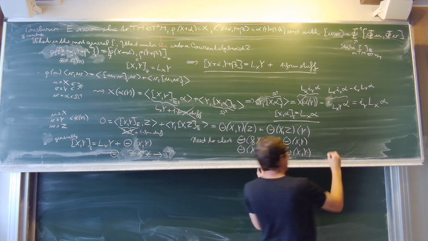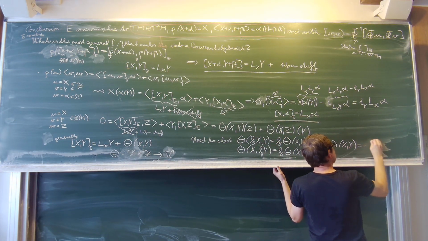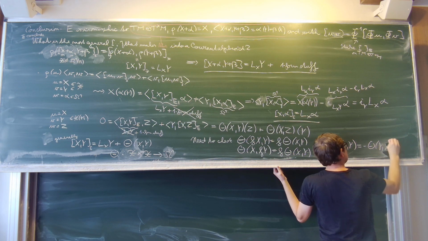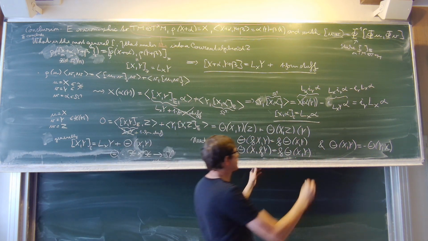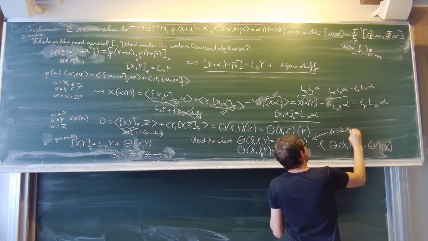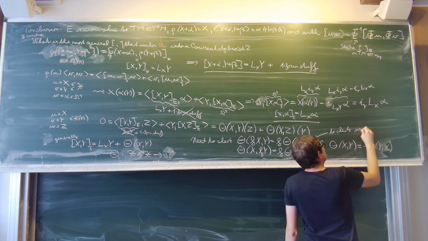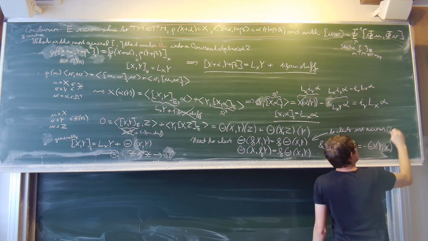This is one thing, and the fact that it's antisymmetric. So let me leave this part as an exercise. To check this, you need to use the axioms. I think it's axioms 2 and 4.